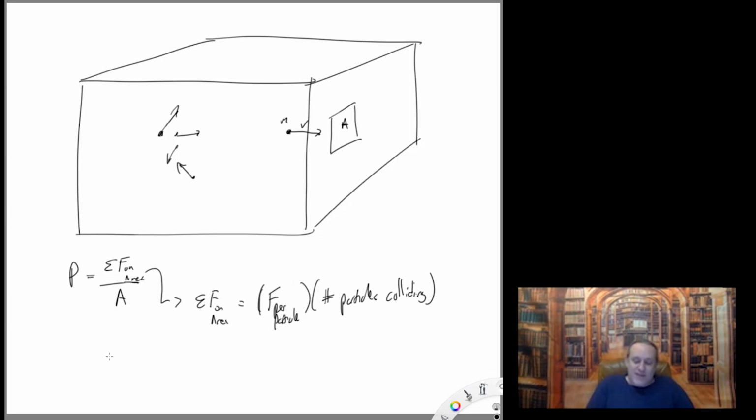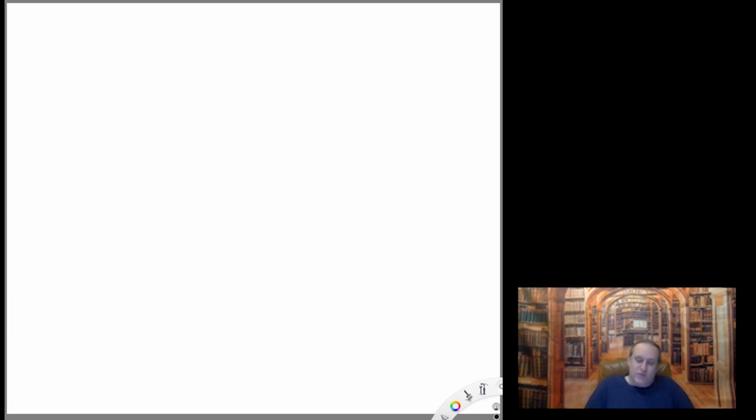We know that, let's break it into two bits. So here's my particle. It has a mass m and a velocity v, and it's going to hit the wall. And when it hits the wall, it's going to bounce off, and it's going to move in the opposite direction with a velocity minus v. I know that its velocity will be the same because it will be an elastic collision.